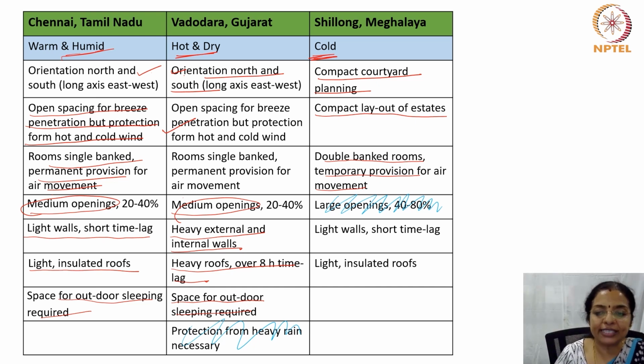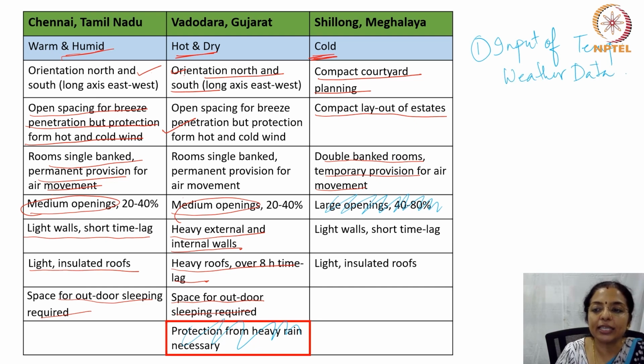Reason 1 is it depends on the input values, input of temperature or the weather data file. Now, weather data has been changing because of climate change. Therefore, what you insert for 1 year may not be valid for all the years.